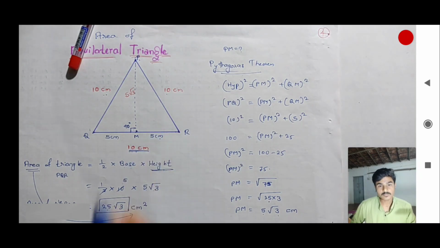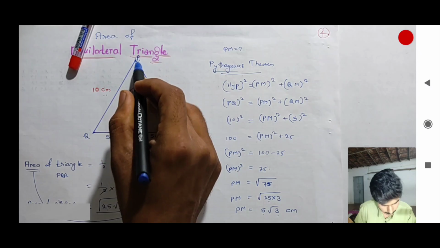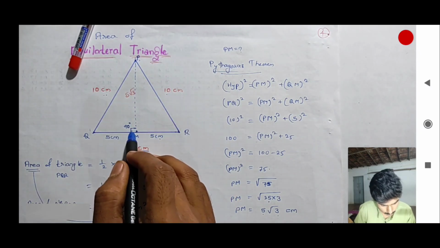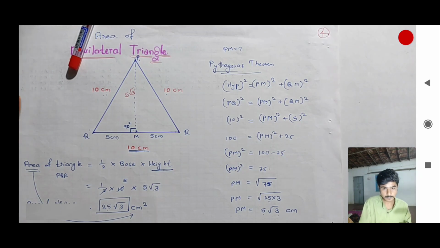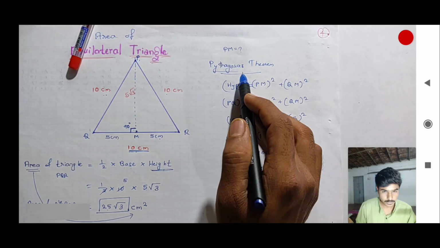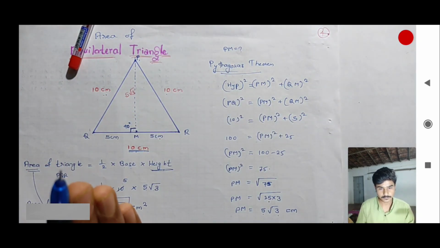Okay, if we need to apply Pythagoras theorem, we need to create a right angle, because Pythagoras theorem holds good only for right angle triangles. If you can observe here, by drawing perpendicular line PM to QR, we have created a 90-degree angle. That is, we have created a right angle triangle here.